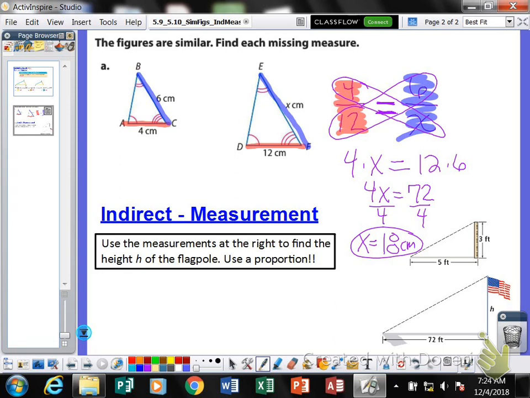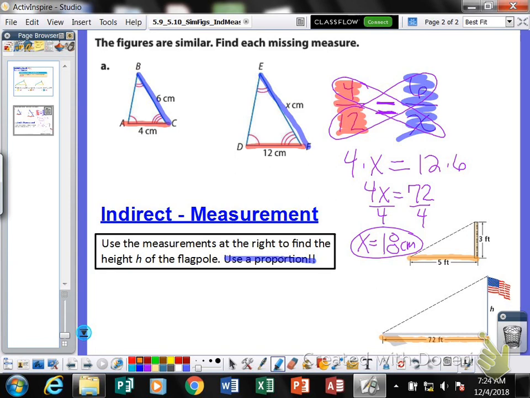Use the measurements at the right to find the height of the flagpole. Use a proportion. We have to set this up as a proportion, so again, let's find our corresponding sides. I have the base of the ruler, the shadow that it's casting, with the shadow base of the flagpole, which is 72.